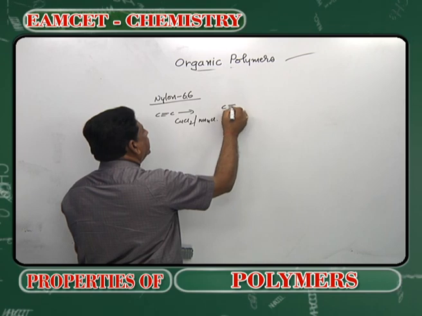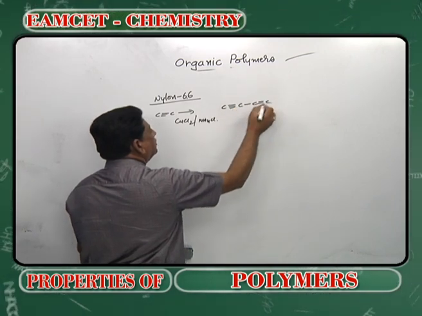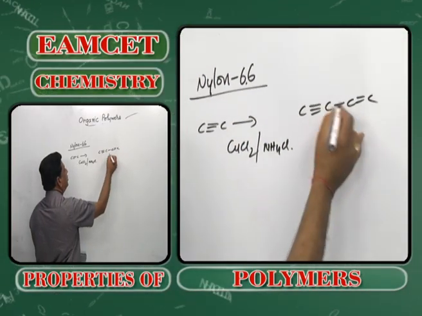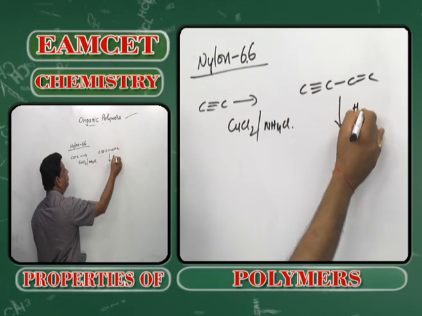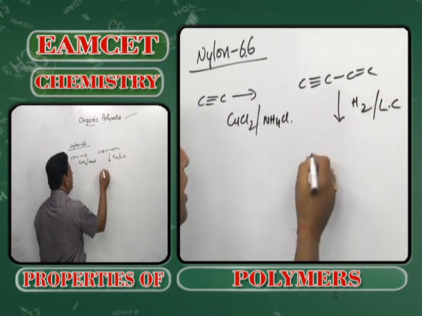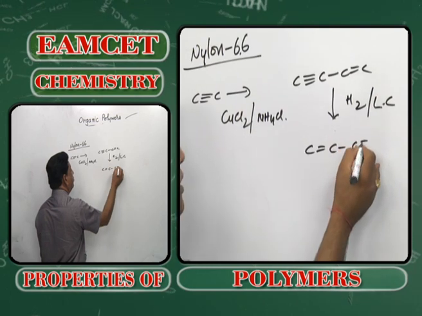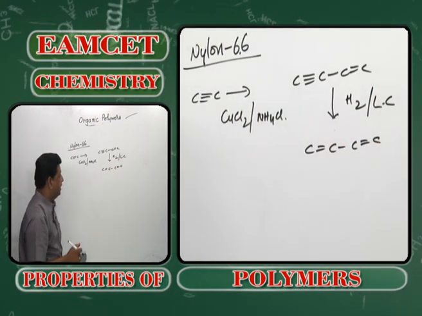You will get vinyl acetylene. On partial reduction with hydrogen and Lindlar's catalyst, you will get butadiene. This is the method of preparation of butadiene, in fact.